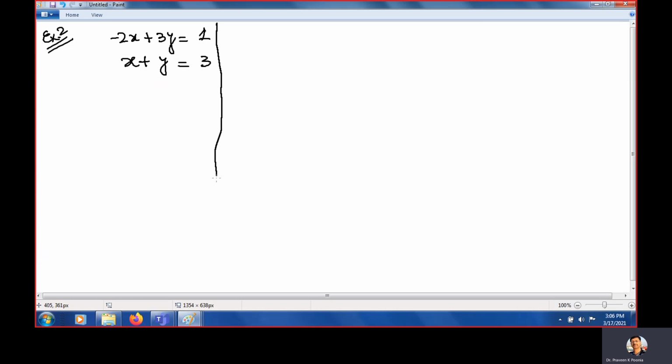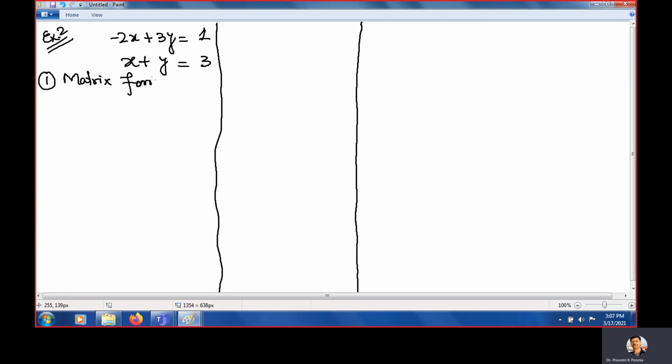Again the same, we will divide the question into 3 sections. Now section 1, write in matrix form. So write minus 2, 3, 1, 1 and x, y and it is 1, 3.